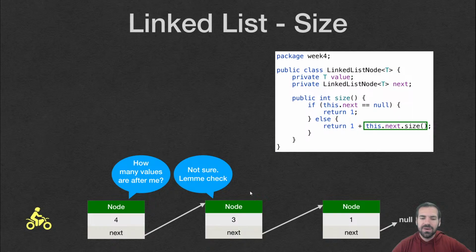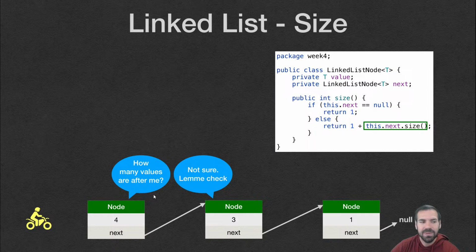If we ask this node for its size, what we would expect to be returned is 2. If this node is the head of the list, it's going to count itself plus this node and return the value 2. So as we go through the rest of the details of this, I'm hoping that this node eventually returns 2. This node's going to add itself to the equation and then return 3 to the original caller. That's what I want to happen. So let's make sure that is what happens.